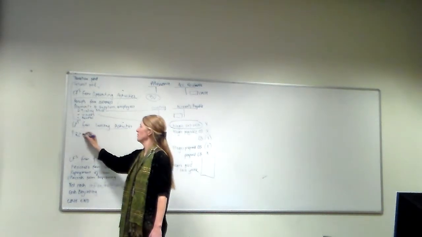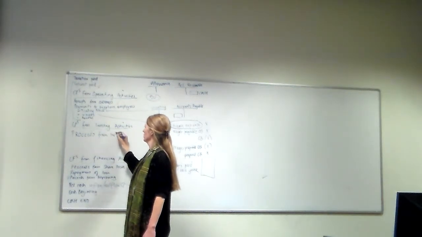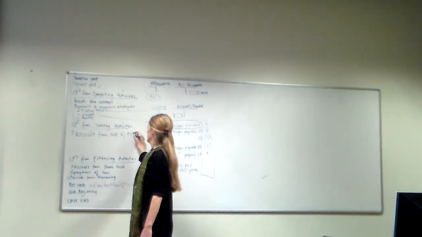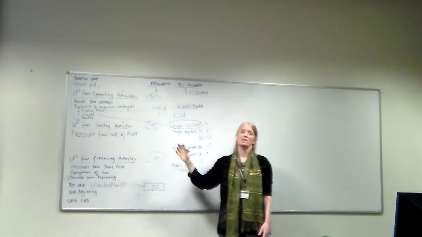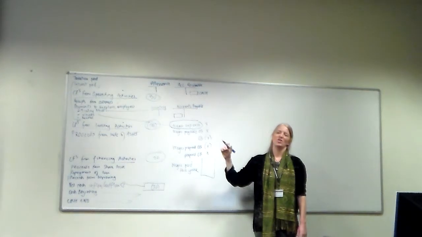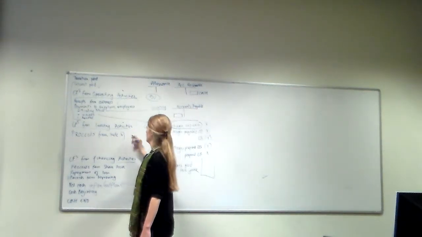Okay, so proceeds from sale of assets. That'll come here. Obviously, if you've got different types of assets, you can break it up. So proceeds from sale of land, for example.